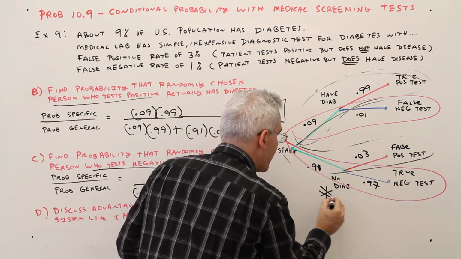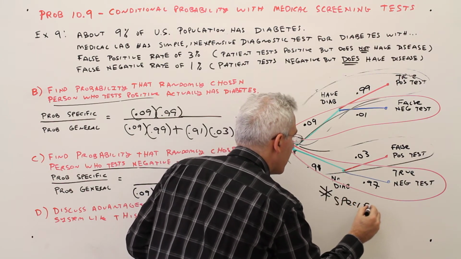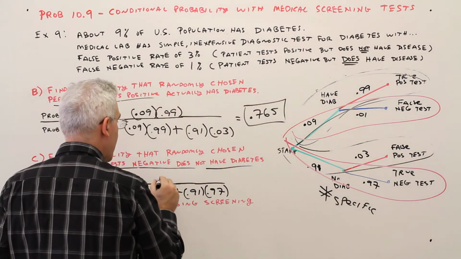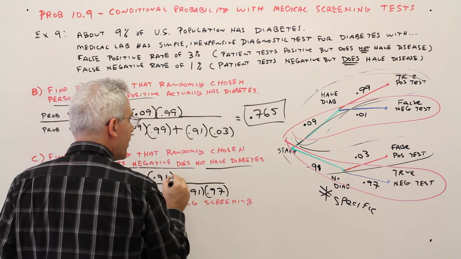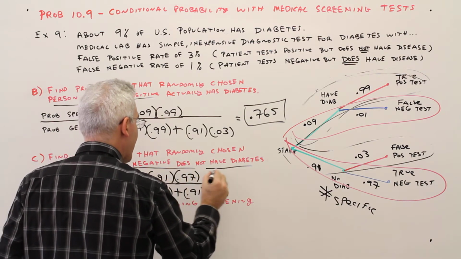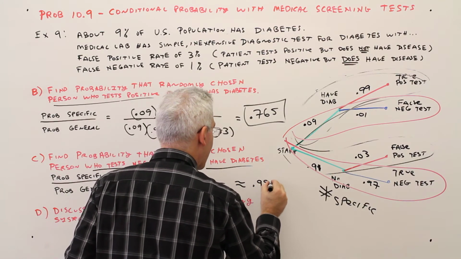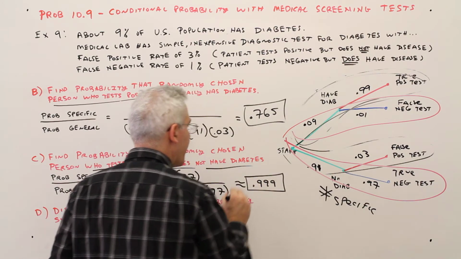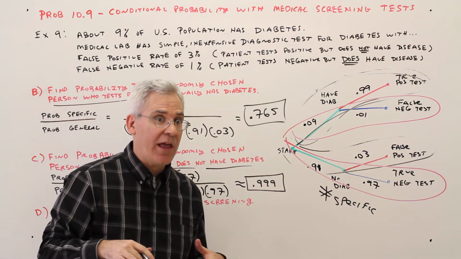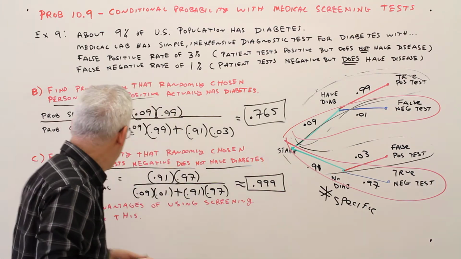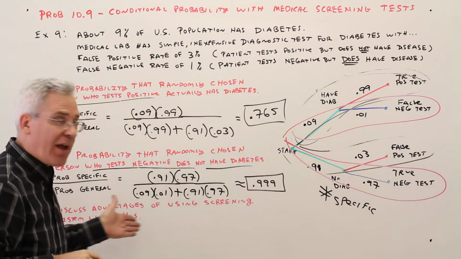So this would be my specific: 0.91 times 0.97. If you do the math, you get about 0.999, so 99.9%.